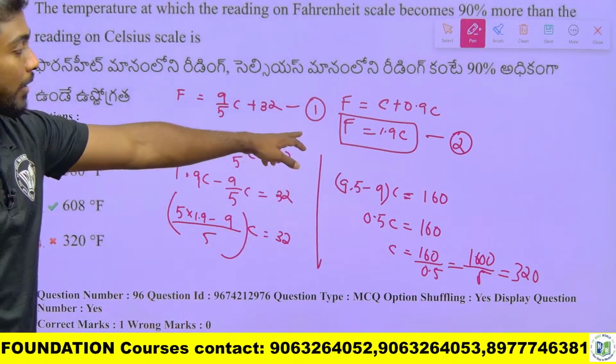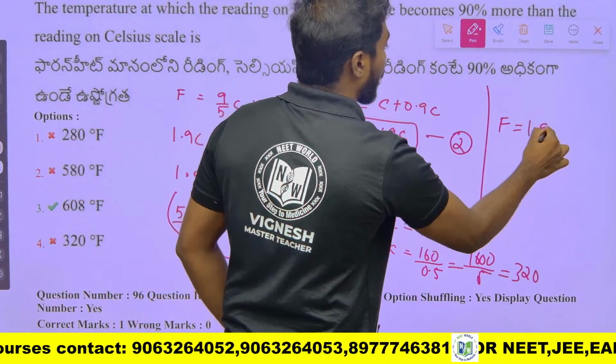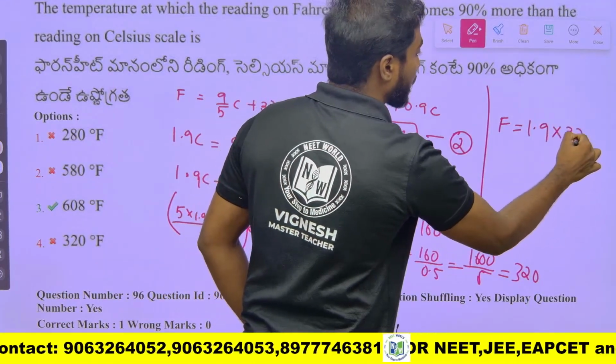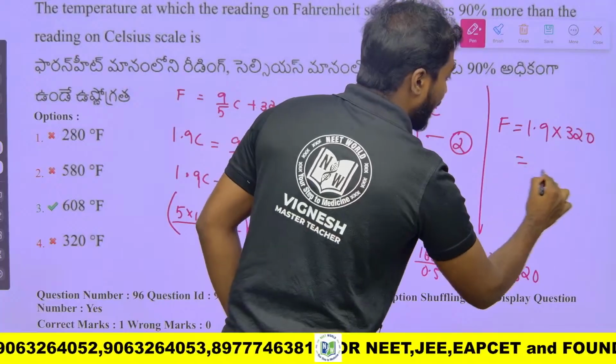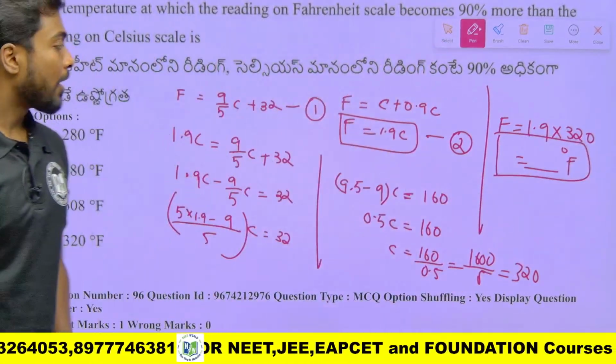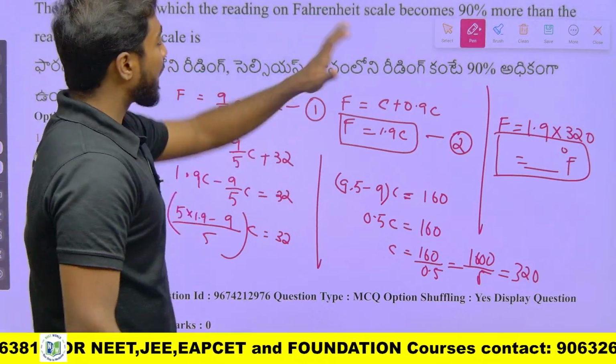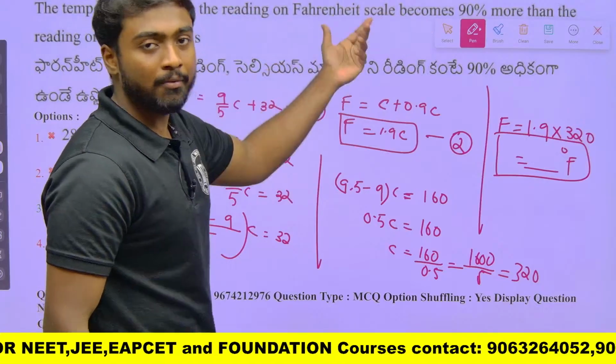So what about F? F is equals to 1.9 into 320. I'll get some value in degrees Fahrenheit. That's the answer, guys. You only need to know the relation between F and C, and the second relation has been given in the question.